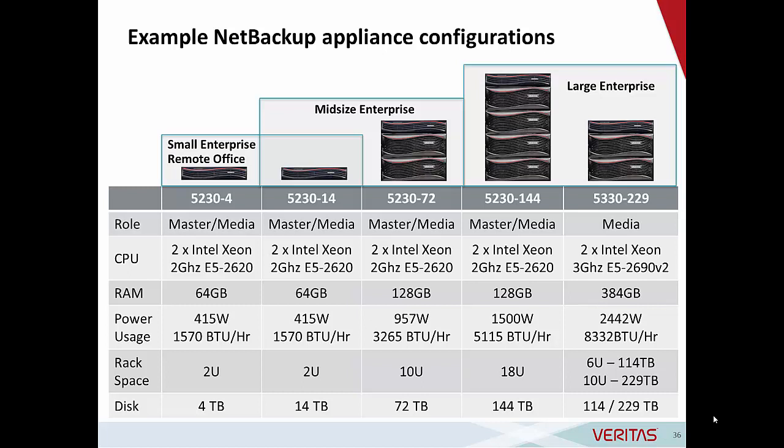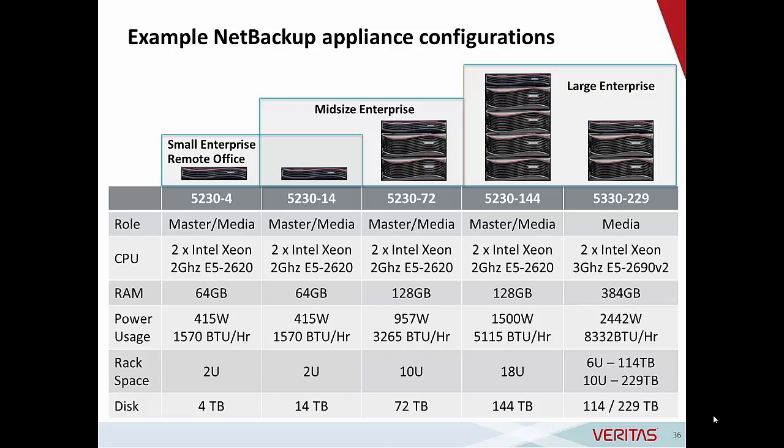This slide shows some sample appliance offerings, and this is by no means all of them. By adding additional disk shelves to an appliance, you can increase the storage capacity, and so there's a lot of flexibility in terms of the size of your appliance, ranging from a small remote office all the way up to a large enterprise.